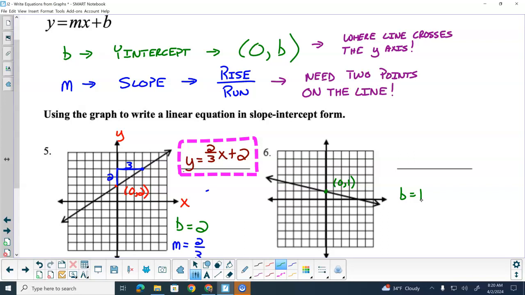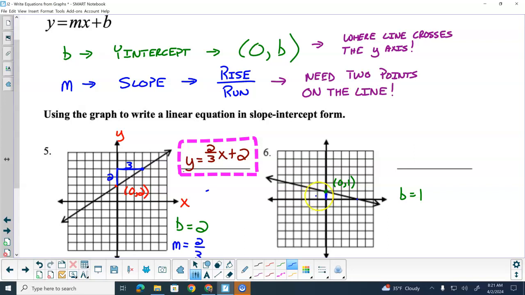Eric, you got the hard one. You got to find another point that it goes through, right? Okay. So, would you agree with this one right here? Okay. So my rise here, now this is the hard one because instead of going up 1, we're going down 1, right? So what's the rise if our rise is down 1, what does that translate into in terms of a number? -1.